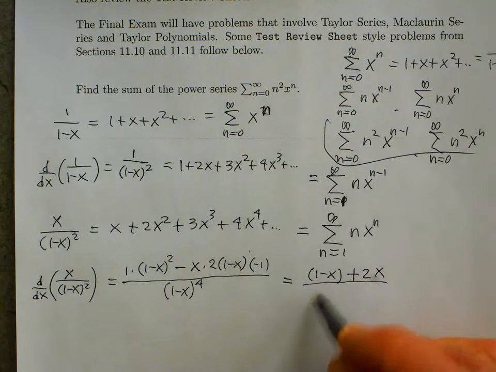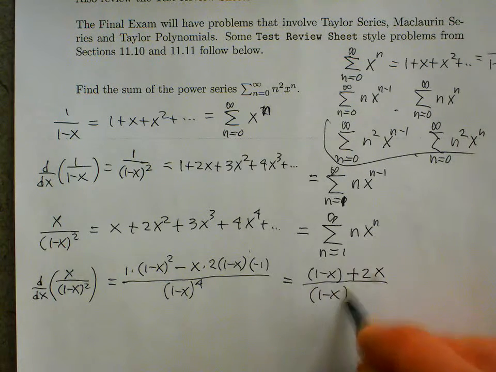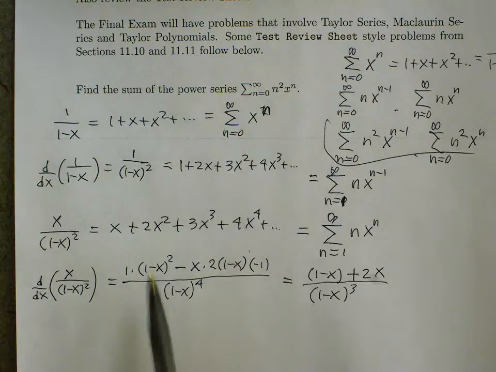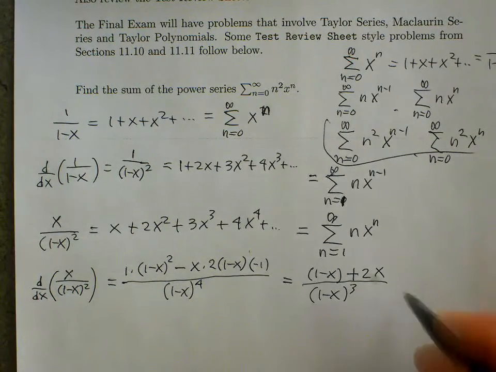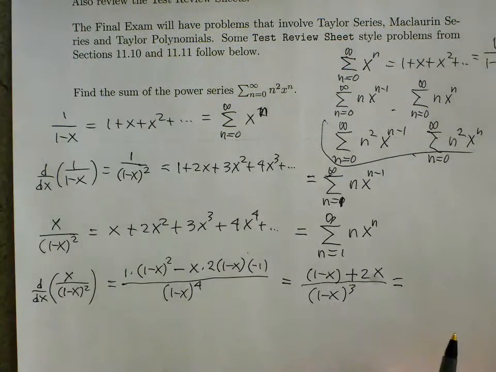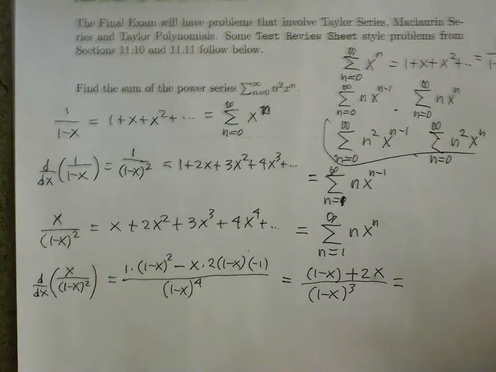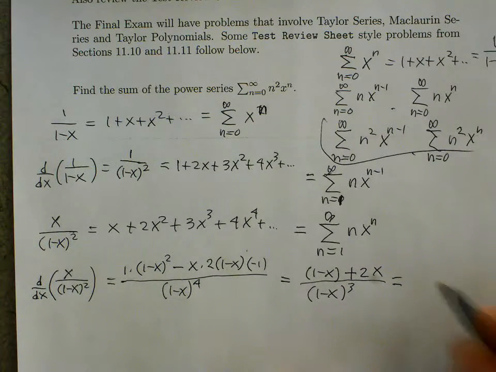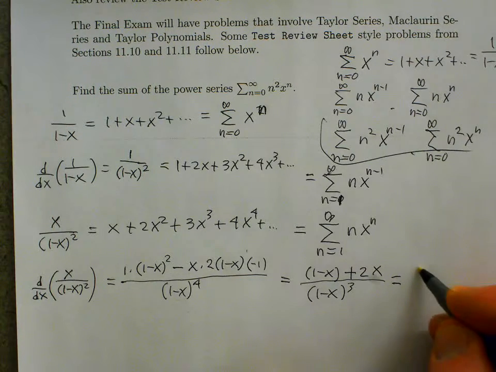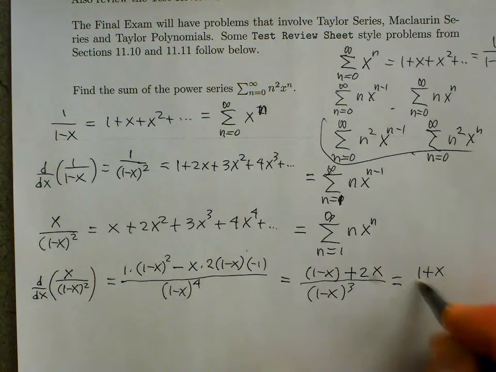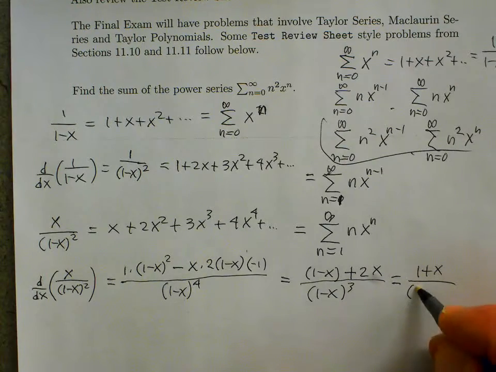And the denominator is 1 minus x to the third, because one factor of 1 minus x canceled. Okay, so we get 1 plus x over 1 minus x quantity to the third.